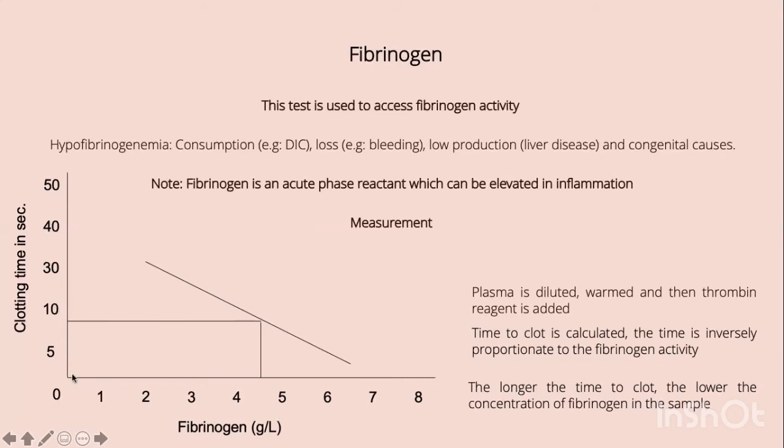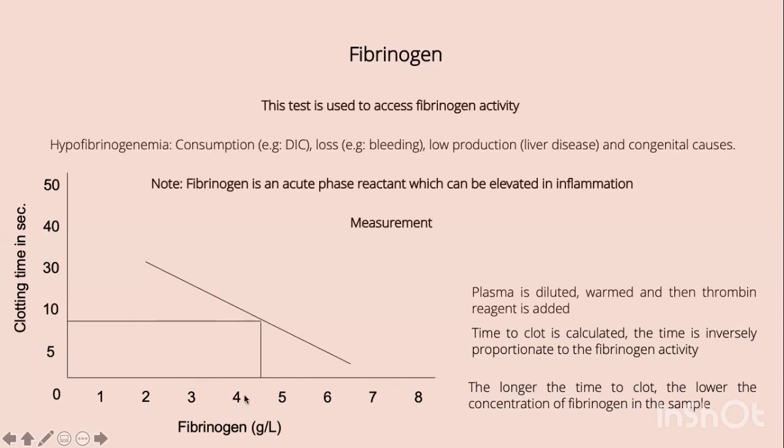So let's say in this example that we needed 8 seconds to form the clot. If we draw this line, 8 seconds will correspond to, let's say, 4.5 grams of fibrinogen. Let's say this time will be prolonged. Instead of 8 seconds, it will be, for example, 15 seconds. So we are here now. Let's draw the line. 15 now will correspond to 3.